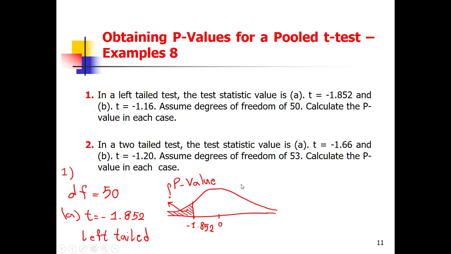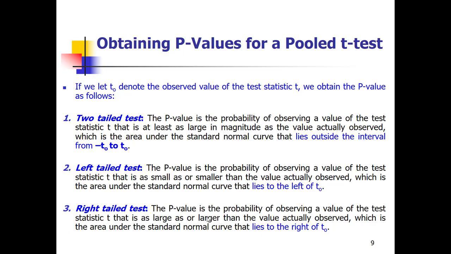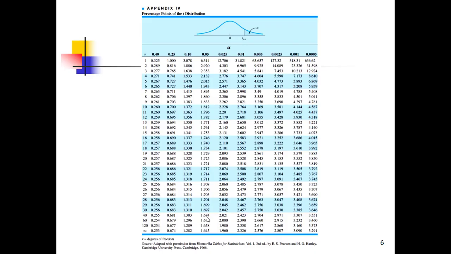So how can we find this area? We have this t here, and we have to find the area. So let's look in the t table. For degree of freedom 50, unfortunately we don't have 50 here, so it is a bit difficult to find it from here.